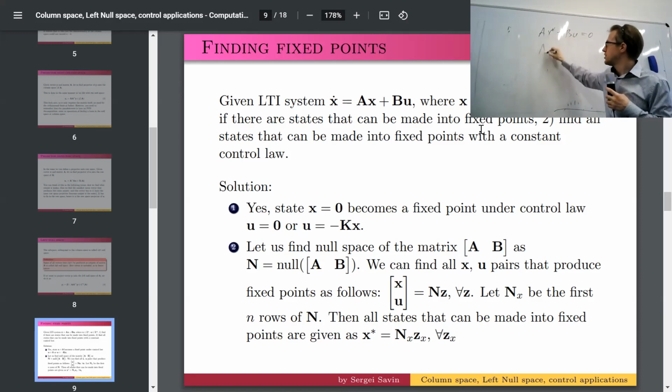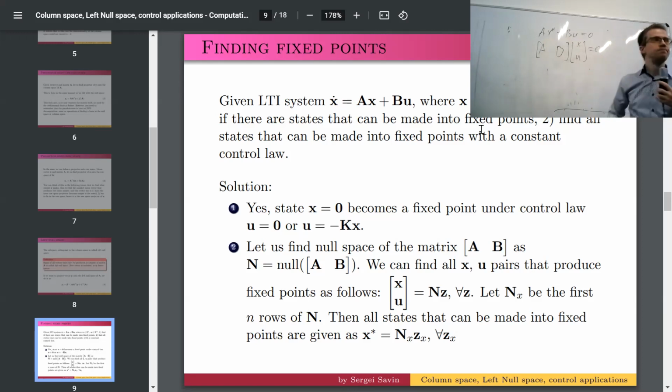We can rewrite this question as follows: [A B] multiplied by [x; u] should be equal to 0. That means we just need to find x and u in the null space of this matrix. So all x and u can be written as the null space of [A B] times z, where z is just some arbitrary vector. All of those will be solutions to our problem.